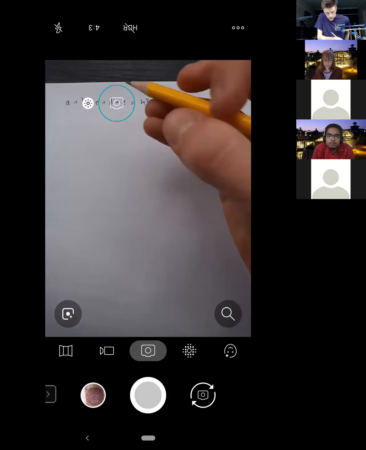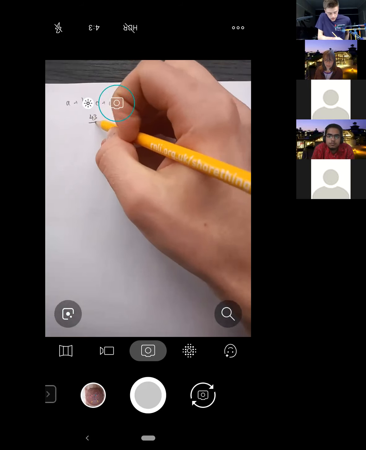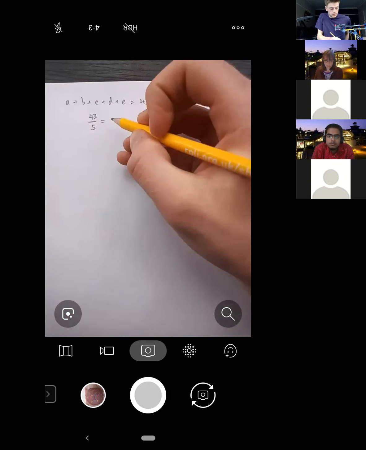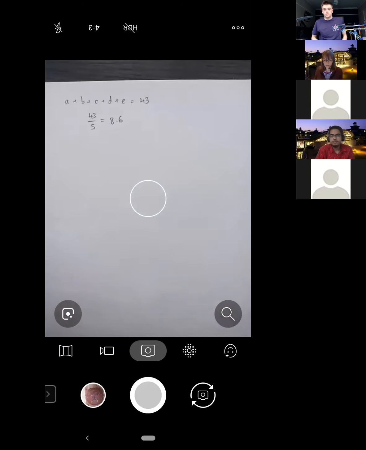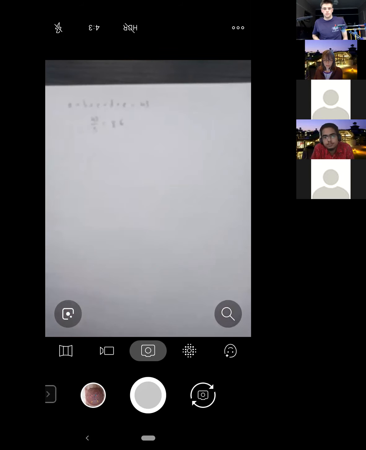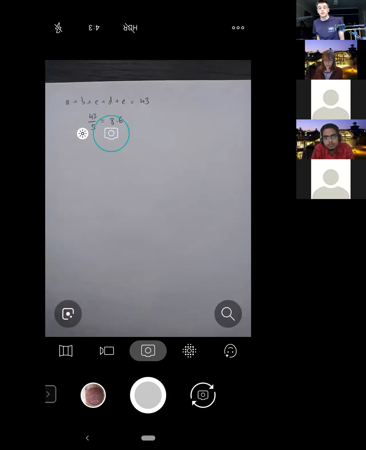And I just thought about the average, 43 over 5, as in the mean. So this is 8.6. So already we can see we're going to need some quite big digits in here. We're not going to have lots of 2s and 1s floating about, because then we're not going to be able to get this average 8.6 out of 5 digits.